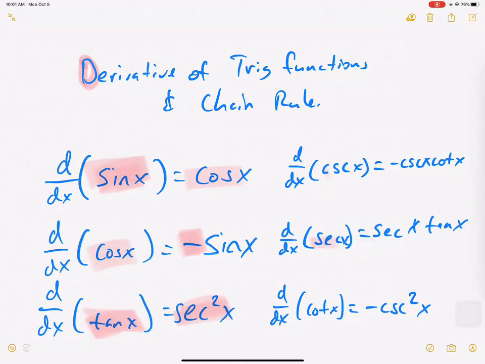Just say it really quick. That's the only way I memorize it. The derivative of secant is, just say quickly, secant tangent. It sounds like a sneeze. For some reason, that sticks with me.